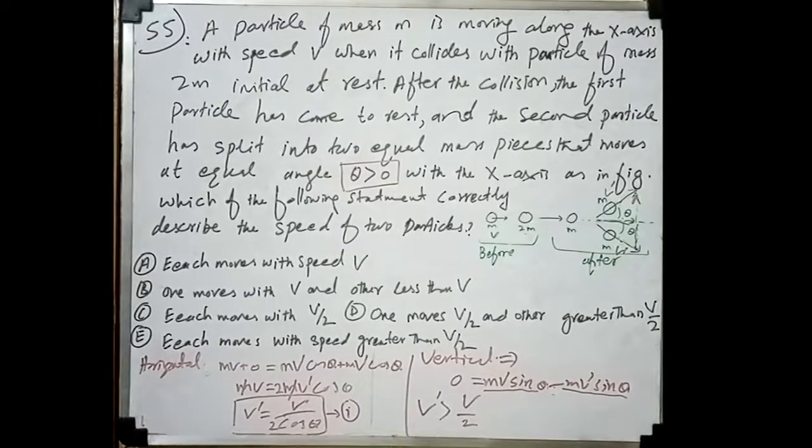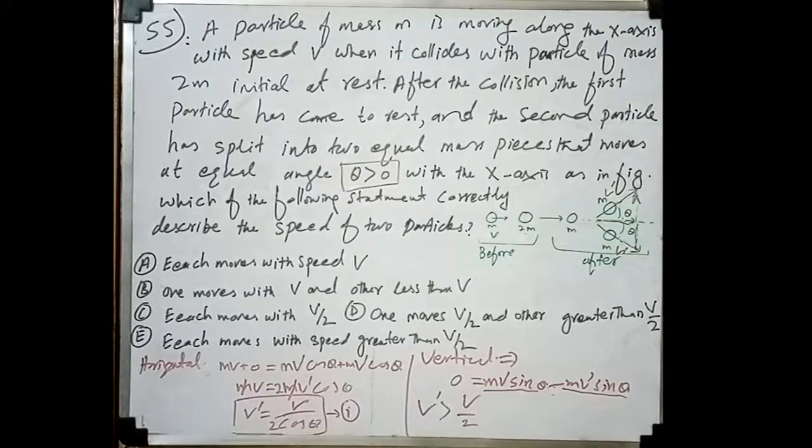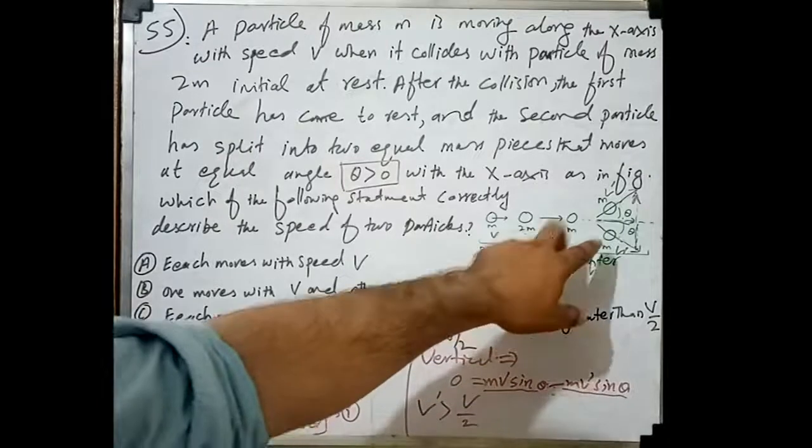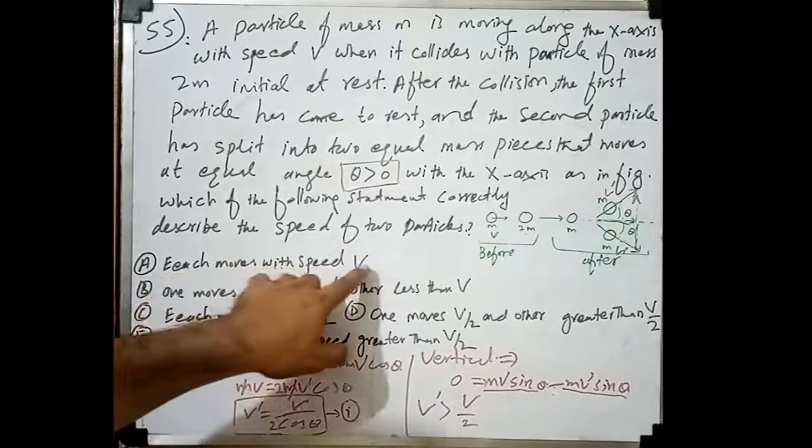If theta is greater than 0, this term cos theta will always be less than 1. If cos theta is less than 1, then v prime will always be greater than v by 2. So v prime is the velocity of each split piece after collision, and this value should always be greater than v by 2.